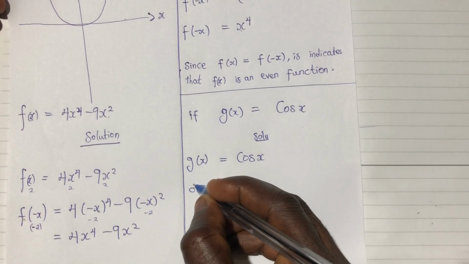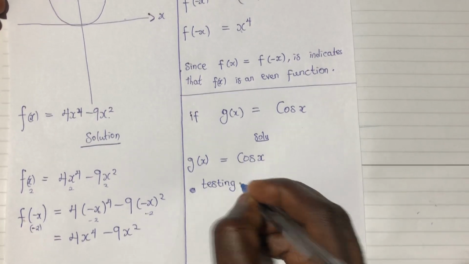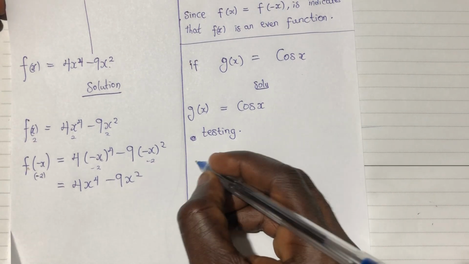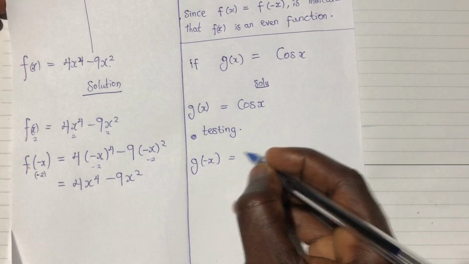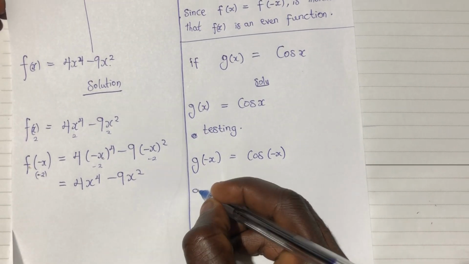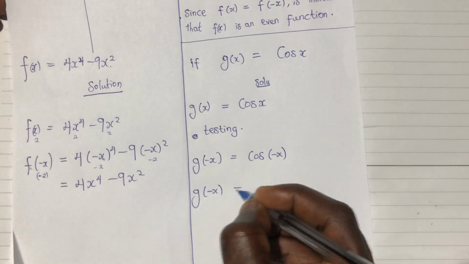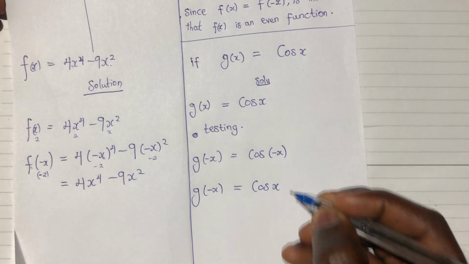So you can write, testing, we test with negative x. g of negative x equals cos negative x. So therefore, g of negative x equals cos x.